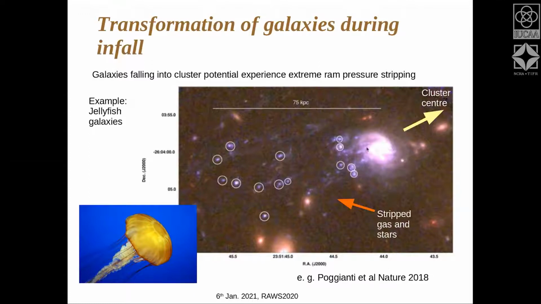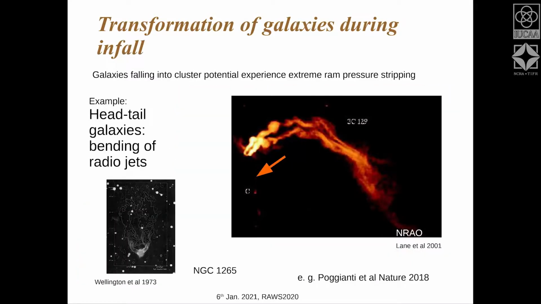So the discovery of jellyfish galaxies is really telling you that there is this transition population of galaxies when they fall in the clusters. So this effect of stripping is detectable in optical, but this also happens through the jets of galaxies.